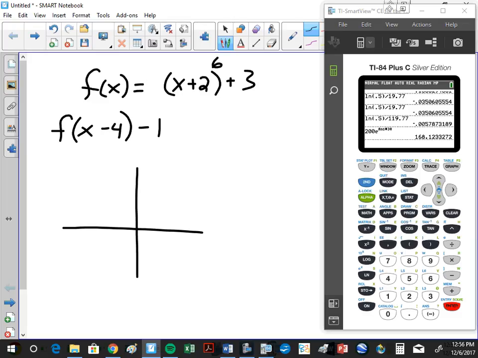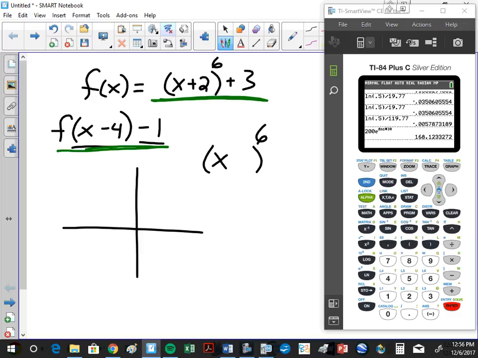Well, the original equation is left 2 and up 3, but then I want to move this one right 4 and down 1. So I take the original, but I don't want to graph the original.